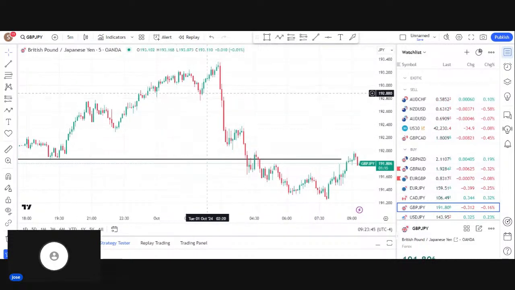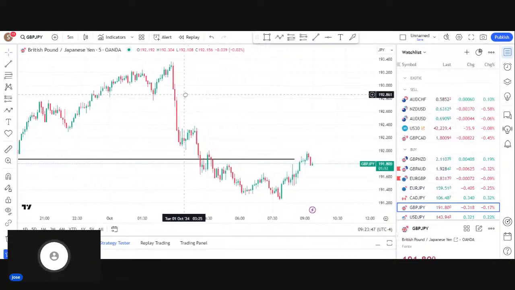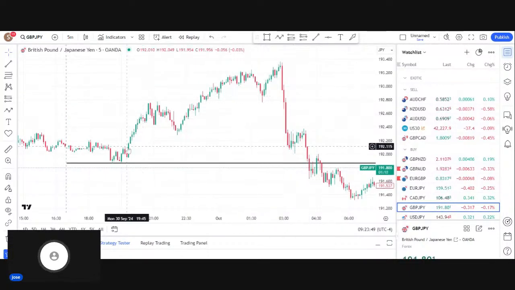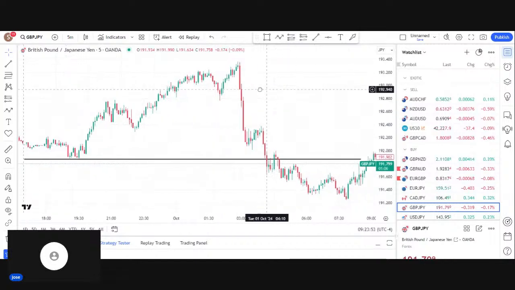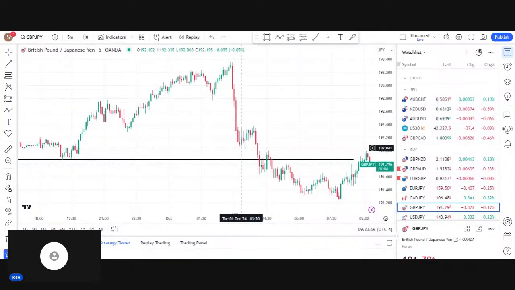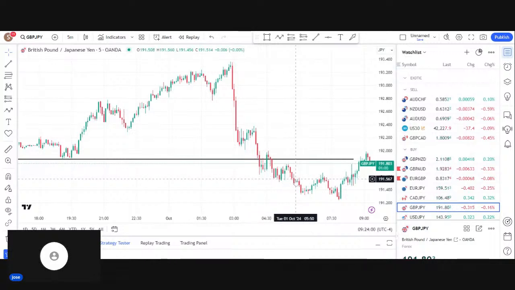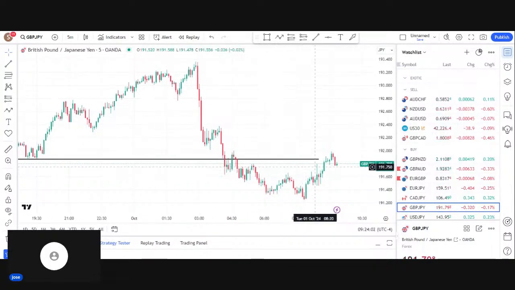Was it in London? Was it in New York? I mean, in the Asian session. Asia gave you a beautiful buy setup. Then London broke down, still did not give you any entry signal until now.